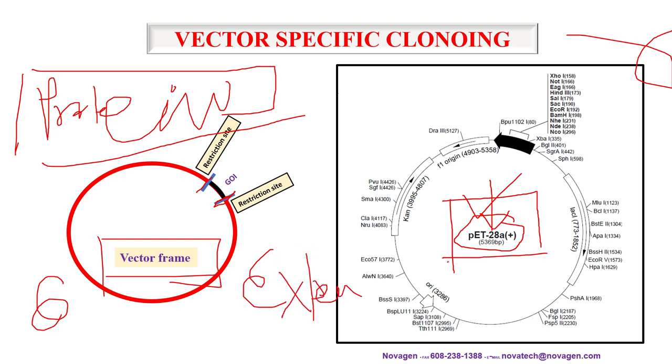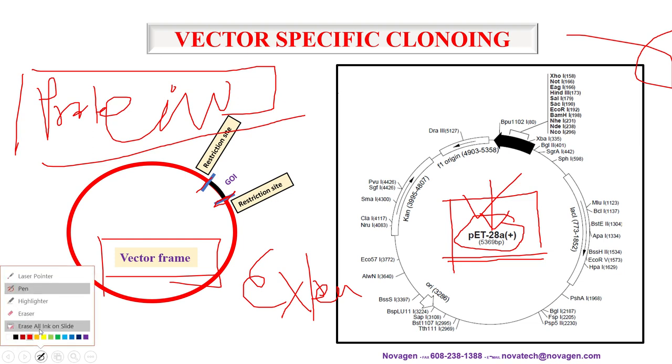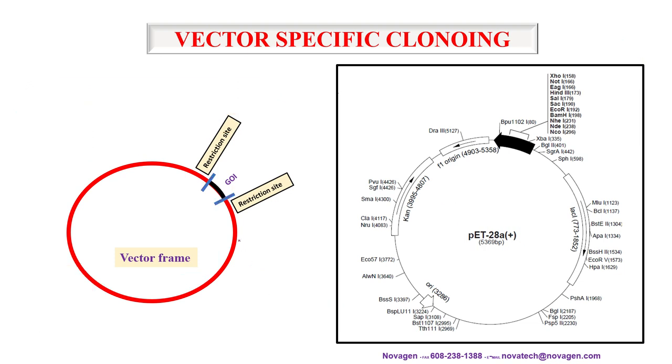And PET28 A, B, C are all expression vectors. So for protein we have to use PET28 A, B and C. These are the series, and the length of this vector is 5.3 kb. So where will your gene of interest go and sit?